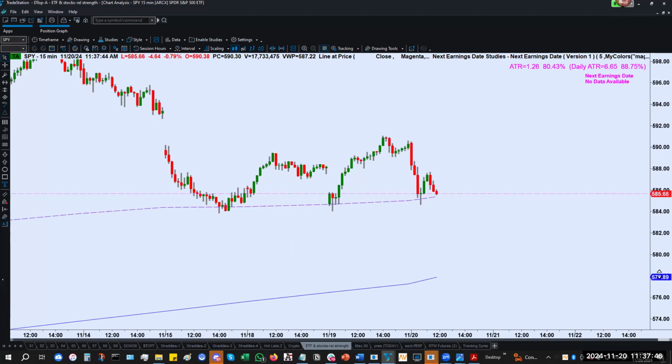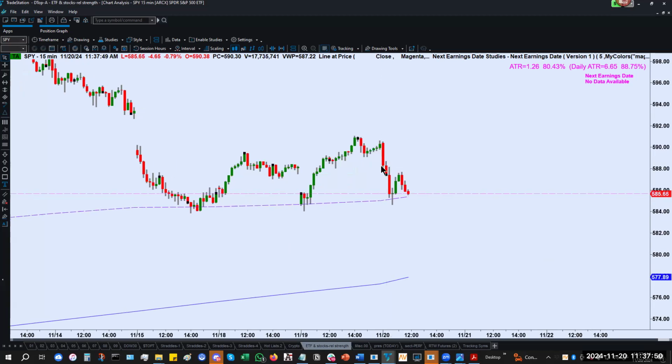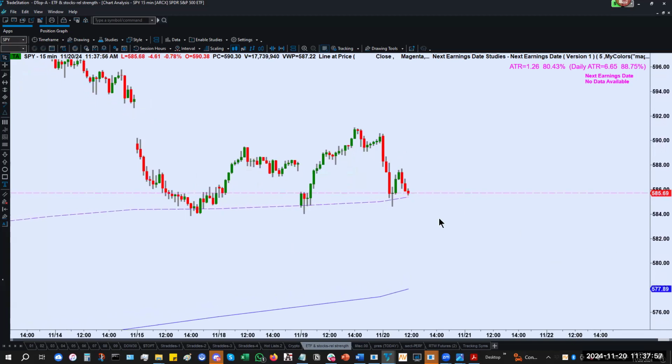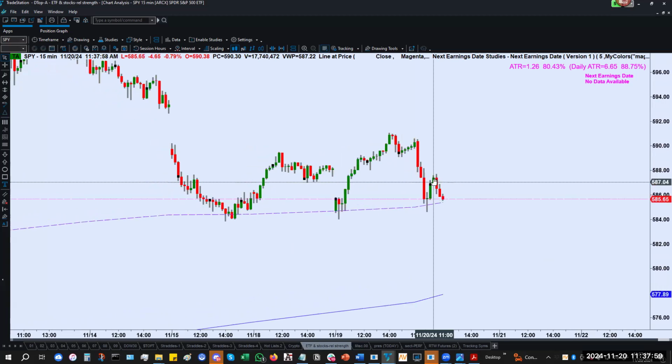One of the things I would be looking for here is to find these supply and demand zones. And as I said, not every chart has a setup.